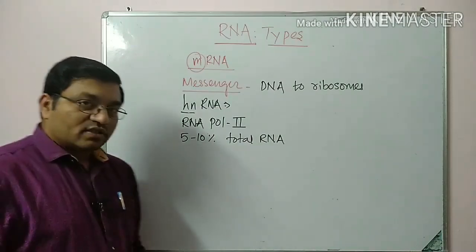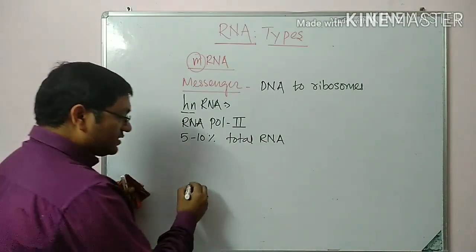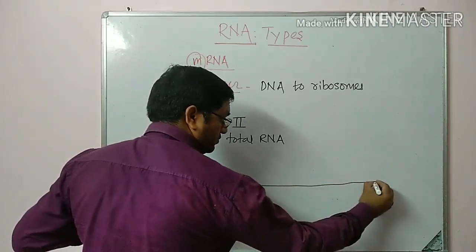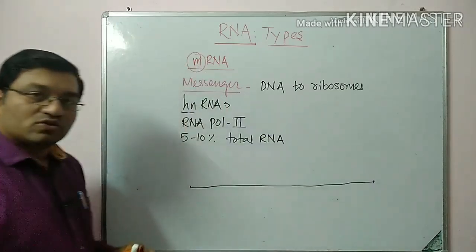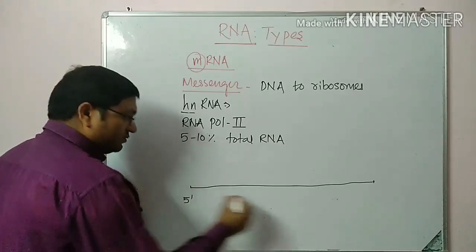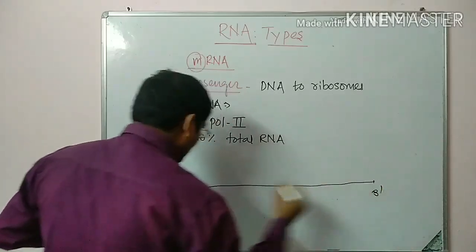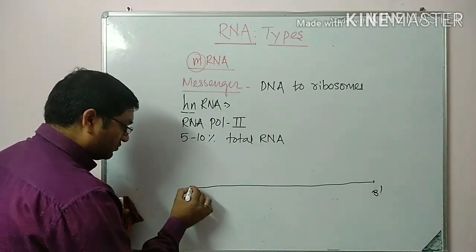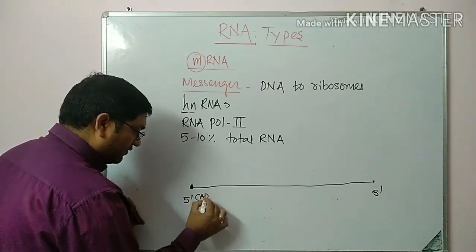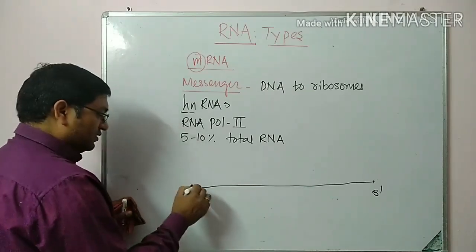Now in structure, this mRNA is composed of 5 parts. At the 5 prime end, there is a cap.